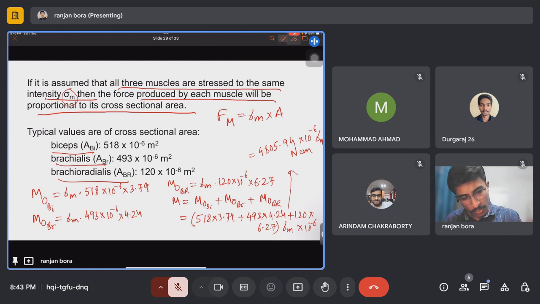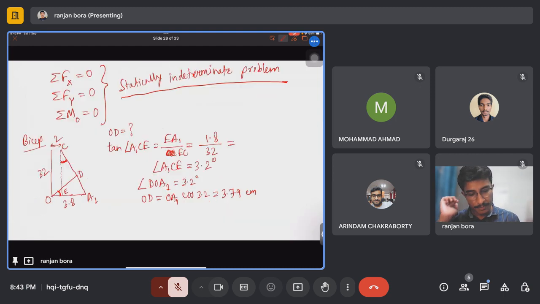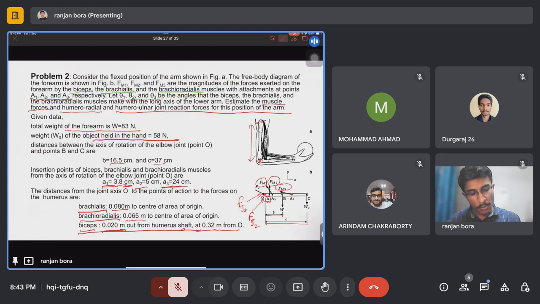This is the total moment. Why have we added all the moments? Because with respect to point O, all these muscles are producing moments in the same direction, the anti-clockwise direction. That's why we have added them.